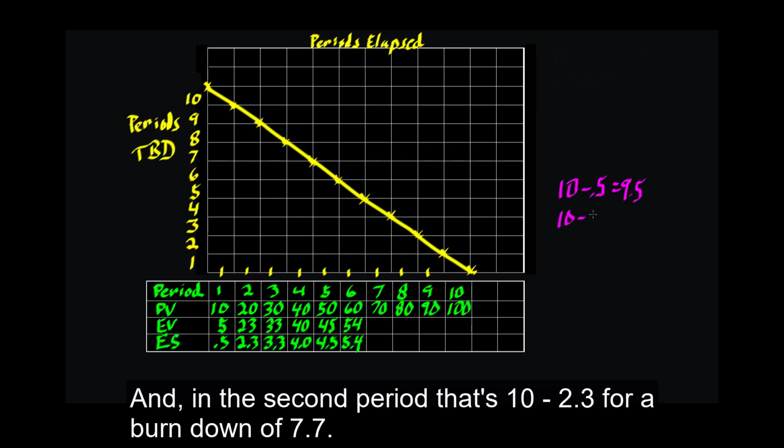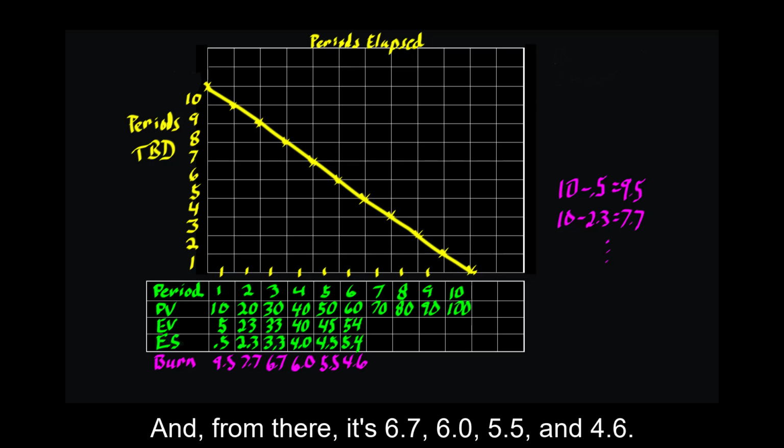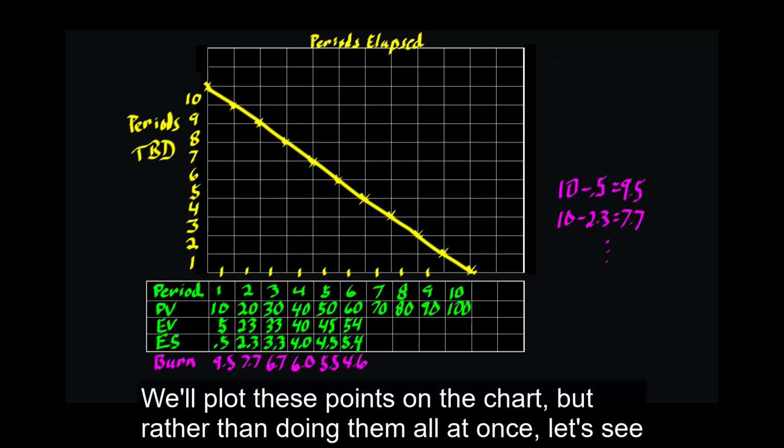In the second period, that's 10 minus 2.3 for a burn down of 7.7. And from there, it's 6.7, 6.0, 5.5, and 4.6.